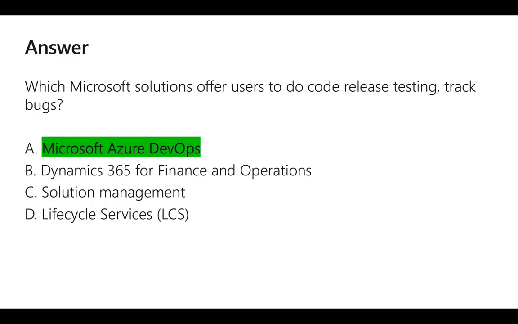The correct answer is A, Microsoft Azure DevOps. Azure DevOps is a primary tool which allows developers to deploy code releases from the assets library into cloud test and sandbox environments so that SMEs, subject matter experts, can use them for user acceptance tests.